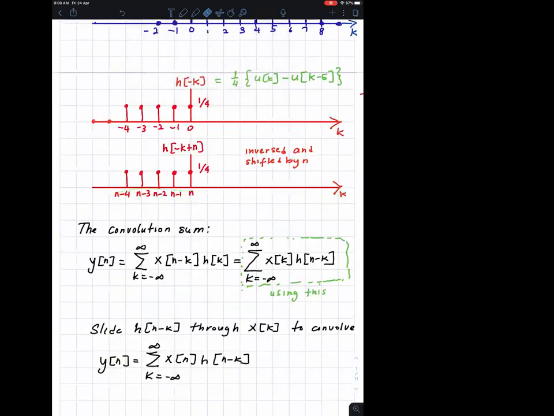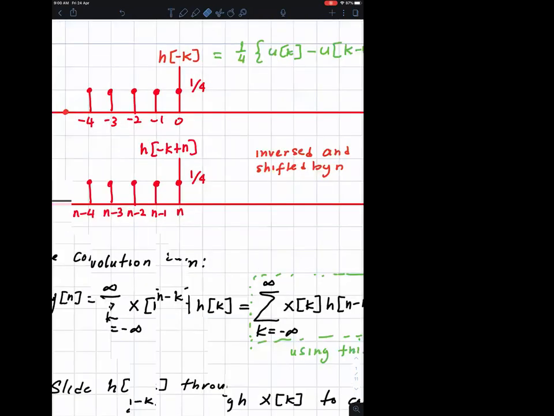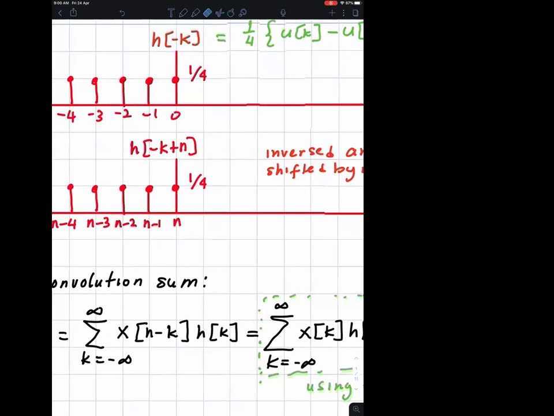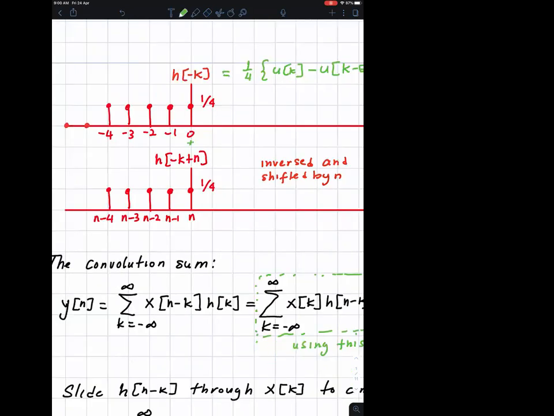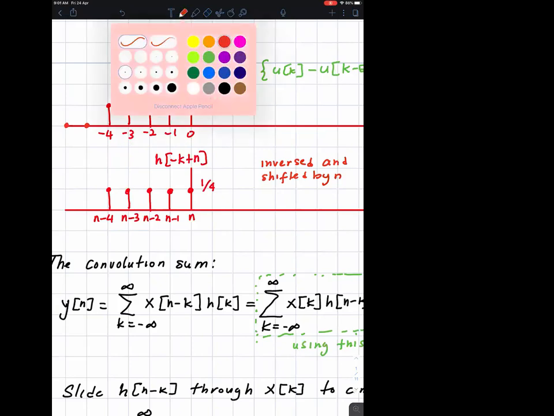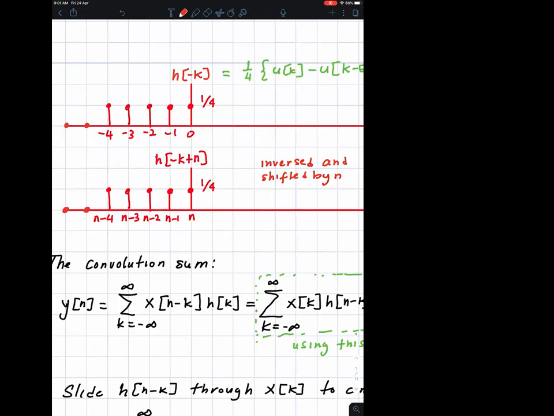So next you just add n. I just added n here. That's all. When you add n, when you minus 4 plus n, that is the same as n minus 4. Everything is the same, except that now I don't have the signal going to minus infinity. It's 0 after minus 4.